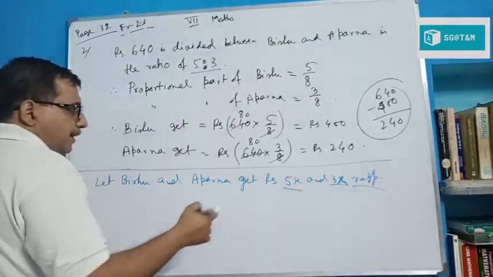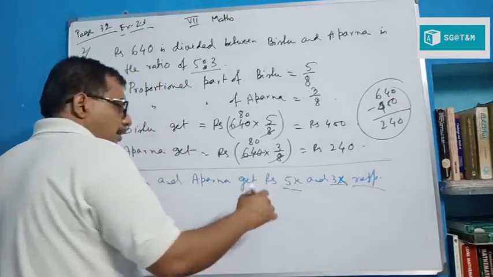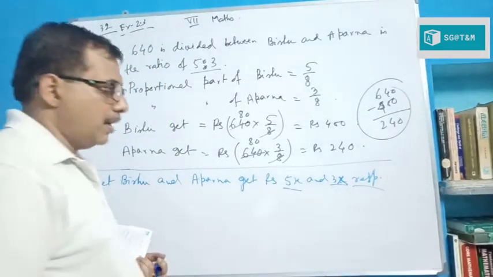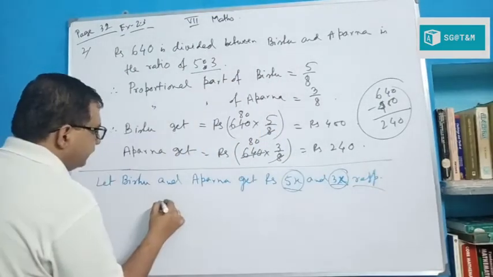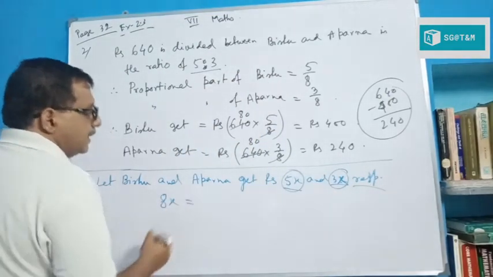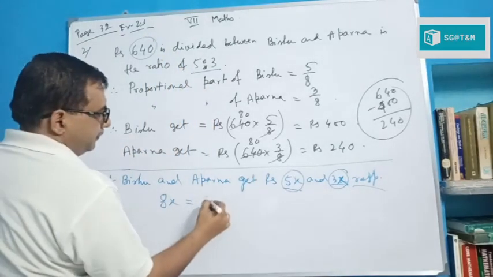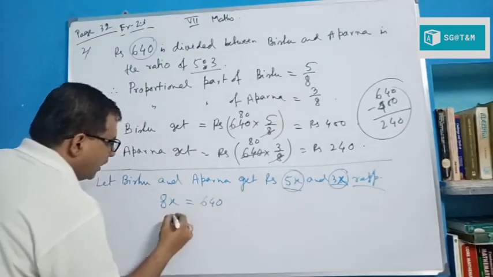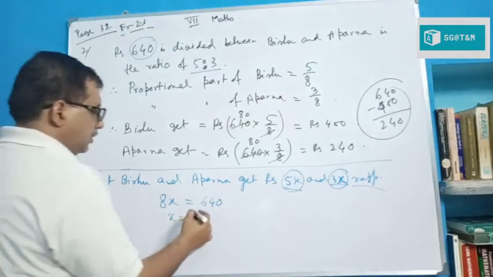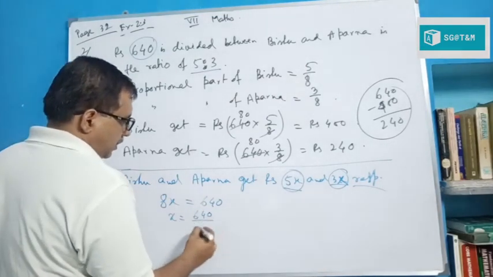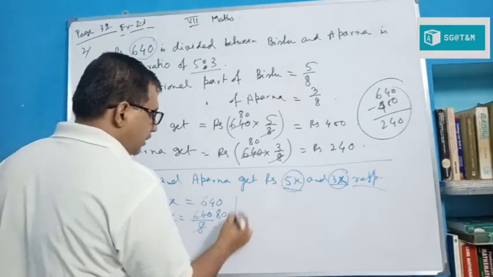So by the problem, the total amount is 8x, obviously. Why? Bishu gets rupees 5x and Aparna gets rupees 3x, so we have to add these two. That means total money is 8x, and this is nothing but the total money given, 640. From this we can find x: dividing both sides by 8, we get x is equal to 80.